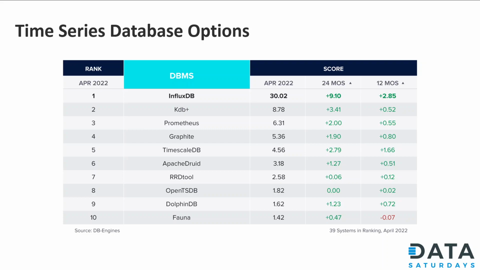And at the top right now, this is from April, at the top we have InfluxDB. There are other options, of course. There are Prometheus, we have Graphite, we have TimescaleDB, which is a very interesting option. This is basically a specialized version of Postgres, and it has time series capabilities, so you get the best of both worlds.